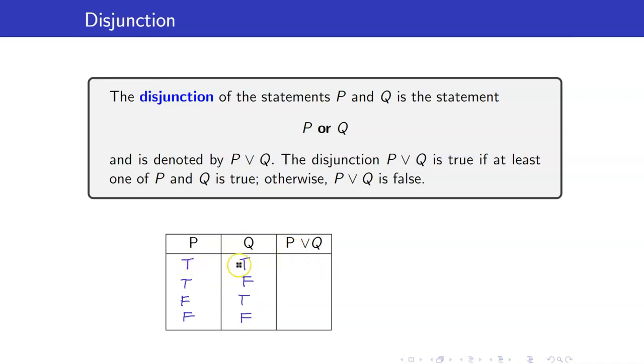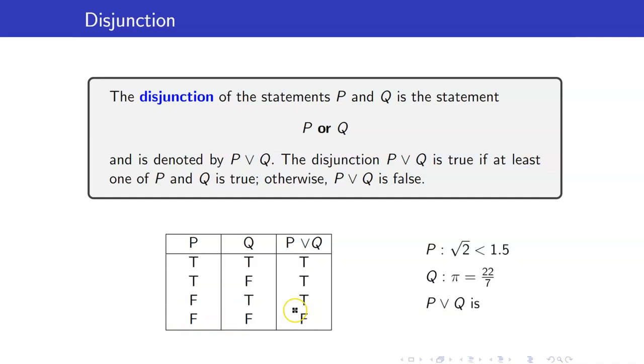On the first row, P and Q are both true, so therefore, P or Q is true because it says that at least one. We have more than one, so that's even better. Here, P is true, so this is true. Here, Q is true, so this is also true. It will only be false when both are false.